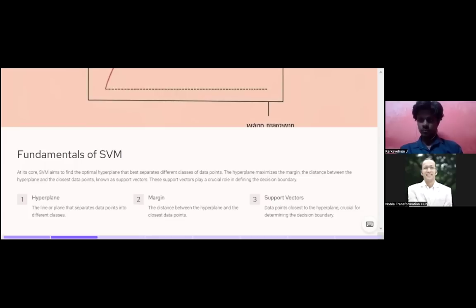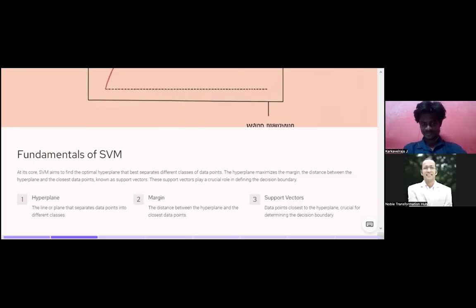If the nature is not hyper, then it will not have different classes of data points. So the hyperplane maximizes the margin, the distance between the hyperplane and its closest data points, known as support vectors. The support vectors play a crucial role in defining the decision boundaries. So that is the definition.